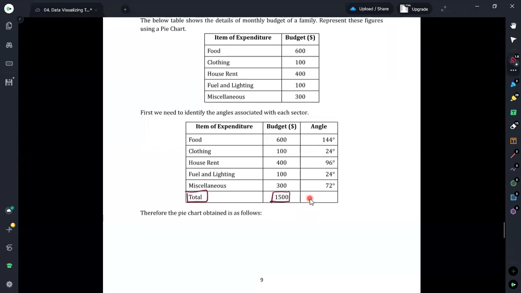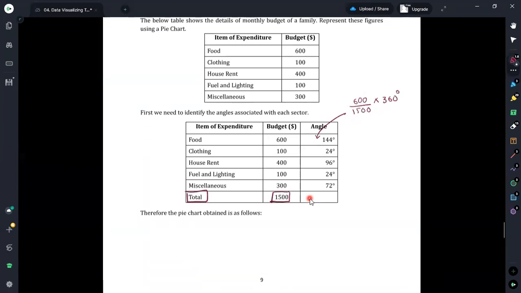Therefore, to get this 144, here we know that for the category we are naming food, the amount is 600, and it has to be divided by the total, 1500, and then multiplied by 360 degrees.